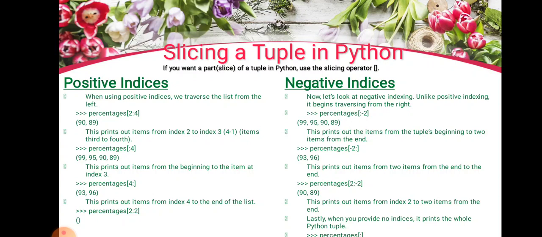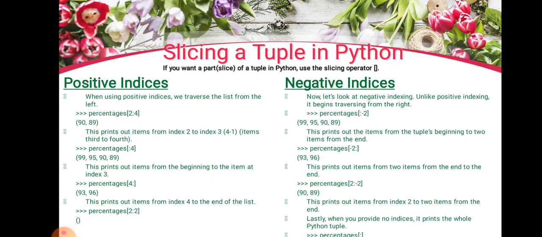Next example: if you are not giving the end value, it prints from the start value to the end. Consider percentages of 4 colon alone. Here it starts with the element at index 4 and prints till the end.